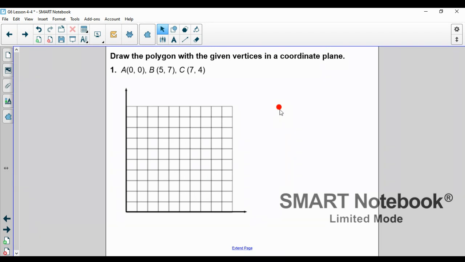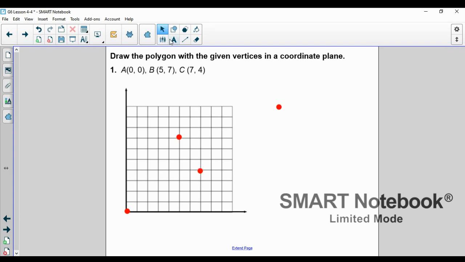So if I do the same thing with this one, I have the point 0, 0. That's here. 5, 7, 1, 2, 3, 4, 5, 1, 2, 3, 4, 5, 6, 7. And then 7, 1, 2, 3, 4.